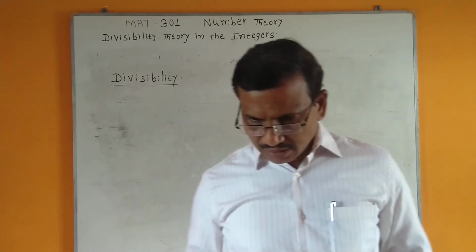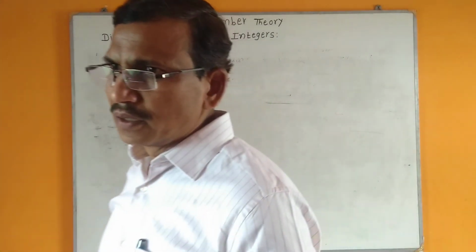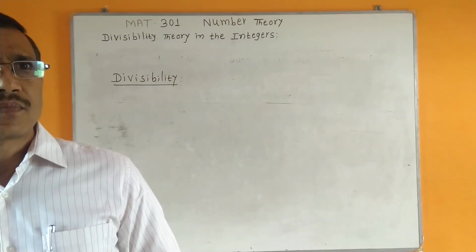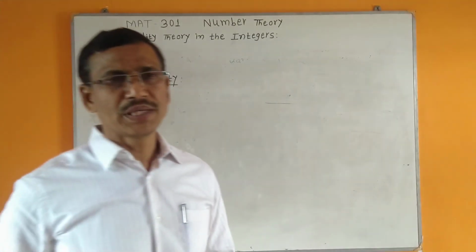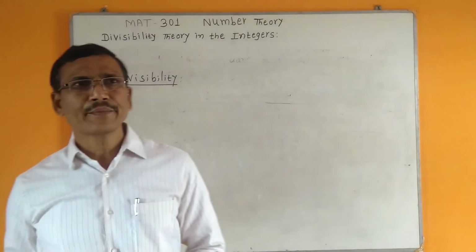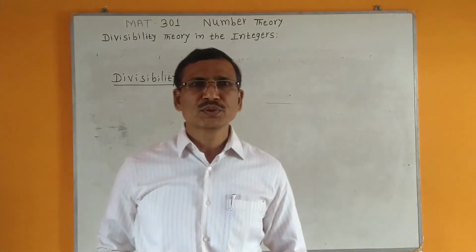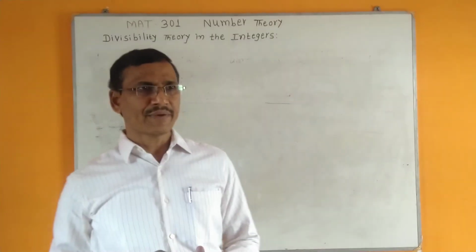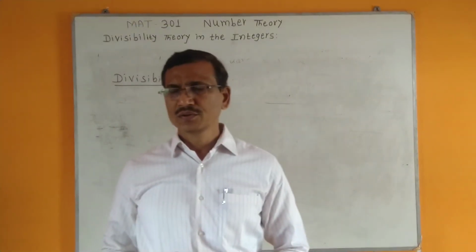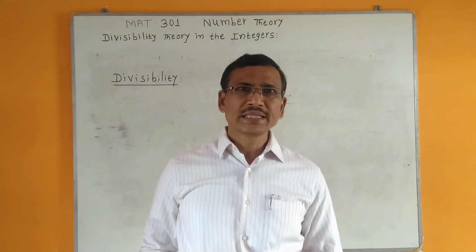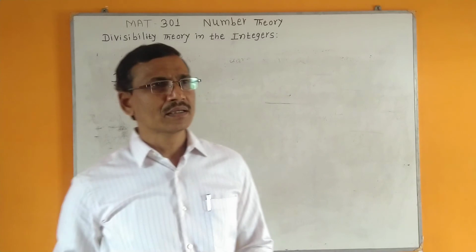Means we shall consider two integers, for example a and b, and we divide the integer b by a. That means we shall consider a is a divisor. That means a is not equal to 0. B is any integer, that is the dividend.